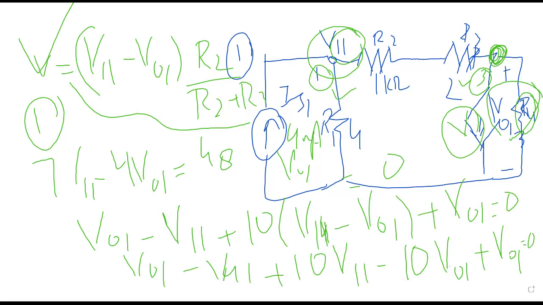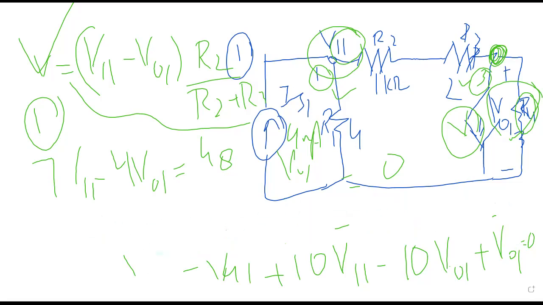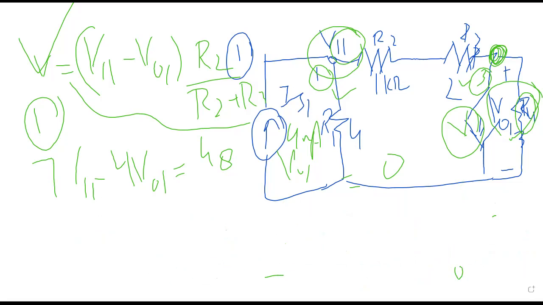After that we have to simplify. We have to sum and divide all these values to find the general equation. So after simplification, the value we find is that 9 V11 equals 8 V01.